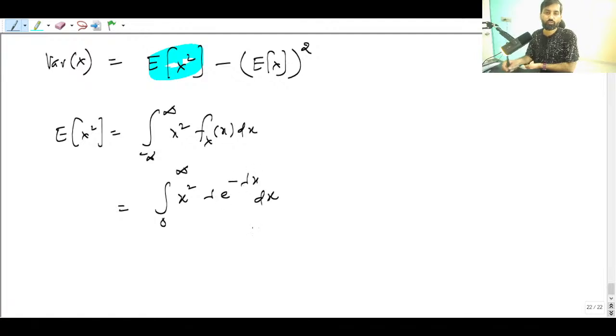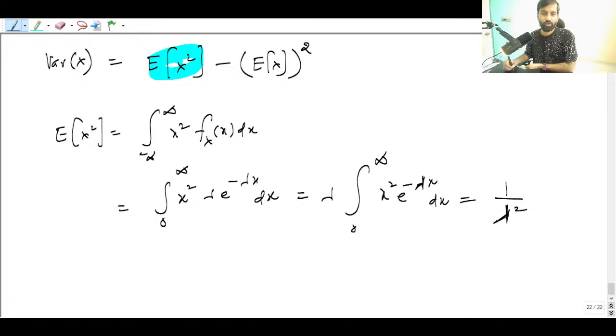Now again you have to solve this integral, so you can take lambda common, 0 to infinity x square e raised to power minus lambda x dx. So guys, remember that for this also the result is going to be 1 by lambda square.